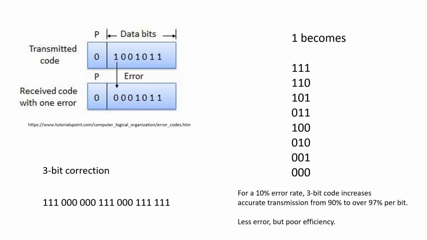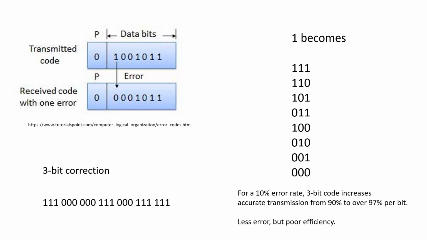What does that mean? It means that whenever I want to transmit to you a 1, I'm going to instead send 3 ones. And when I want to transmit to you a 0, I will instead send to you 3 zeros, and we will use a majority rules approach, and we'll explain what that means.